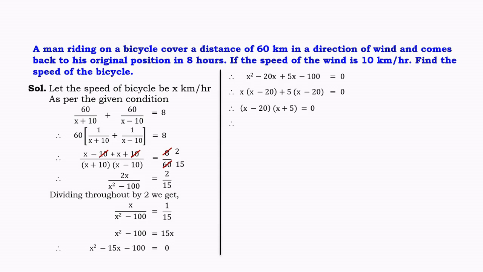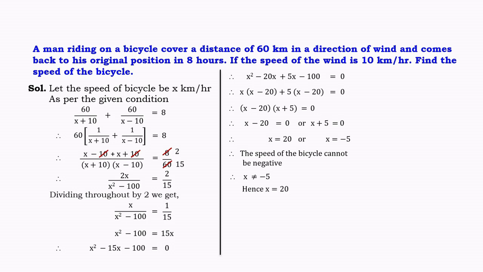Now, equate each factor to 0. x minus 20 equals 0, giving x equals 20. Or x plus 5 equals 0, giving x equals minus 5. Since the speed of a bicycle cannot be negative, we reject minus 5. Hence, the speed of the bicycle is 20 km per hour.